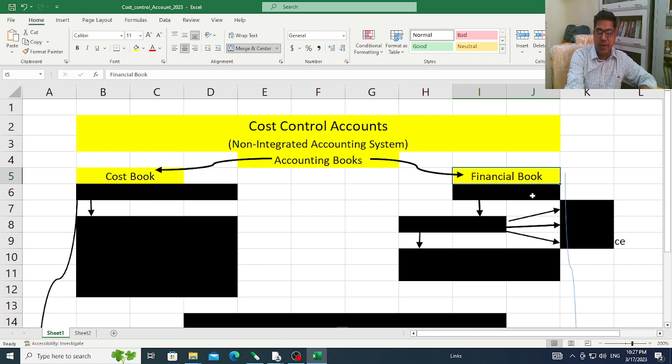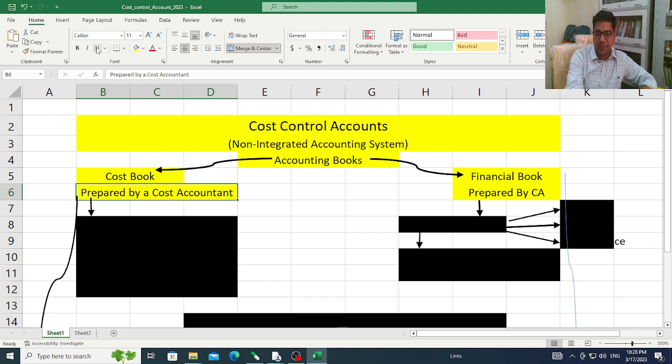Generally, financial books are prepared by a chartered accountant, and cost books are prepared by a cost accountant.